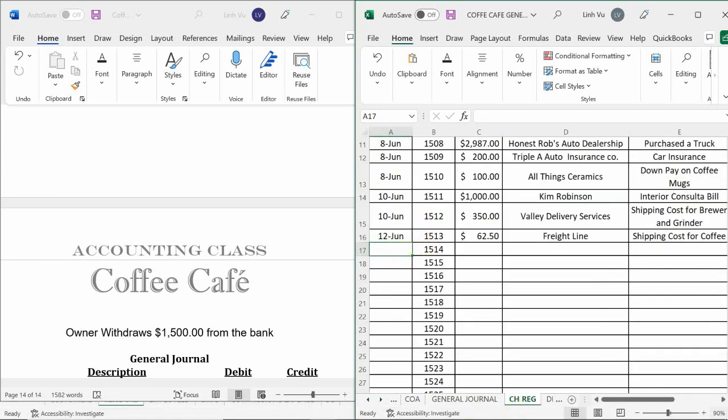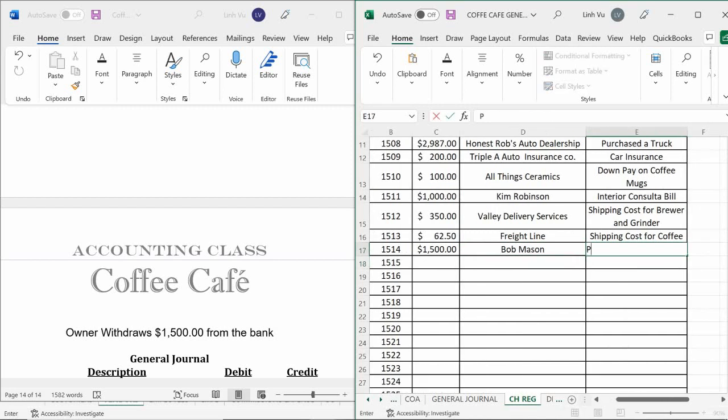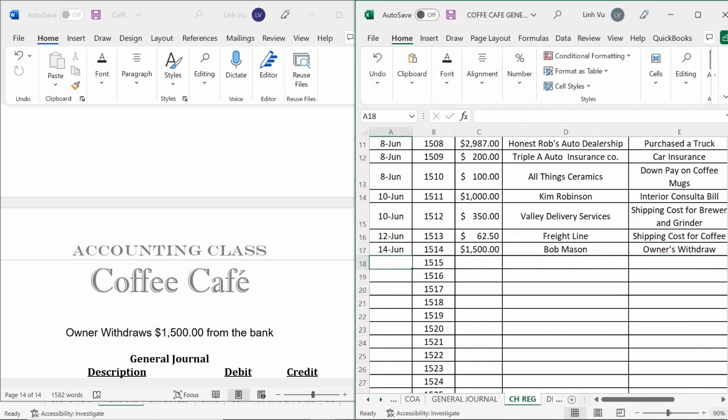So here we are, check number 1514 for June 14, for $1,500. And who am I going to write this out to? Bob Mason. And what for? For an owner's withdrawal.